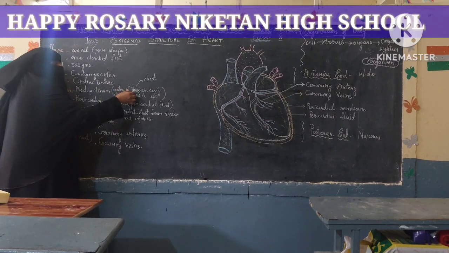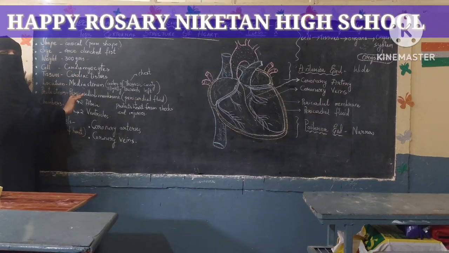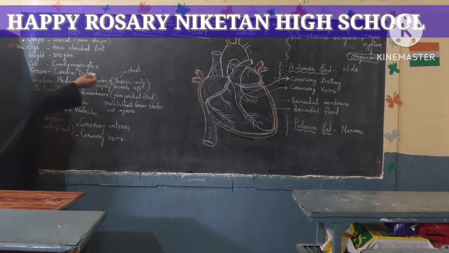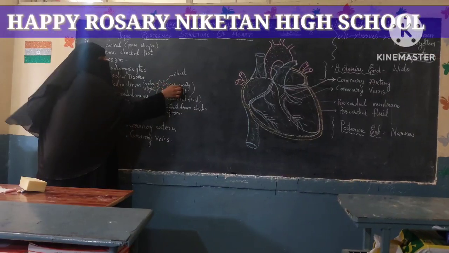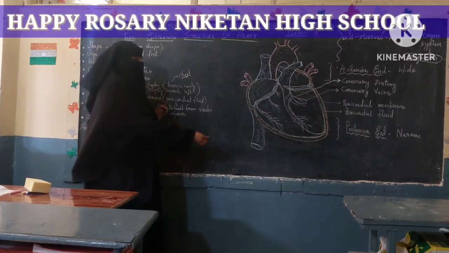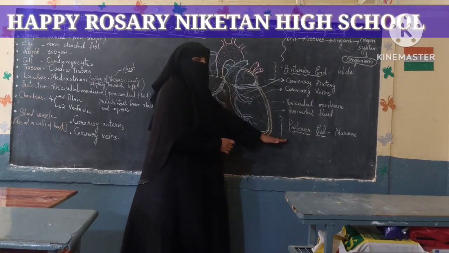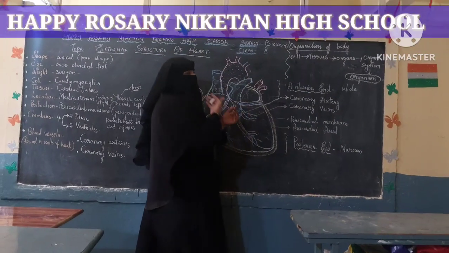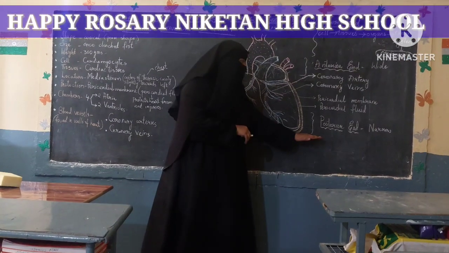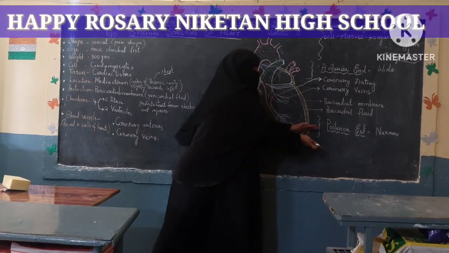So the heart is in the center of the thoracic cavity, slightly towards the left. We generally believe that the heart is only on the left side. No, the heart is in the center of the thoracic cavity. Only the basal portion, the posterior end of the heart, is slightly towards the left.